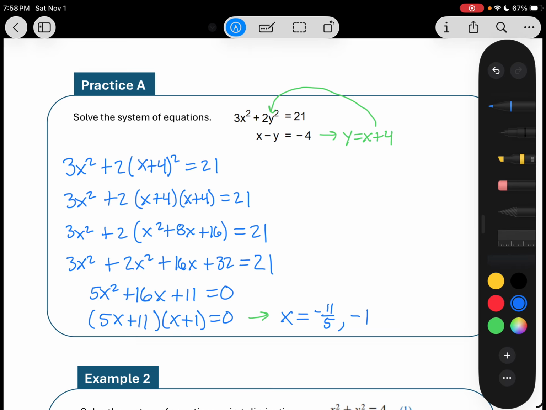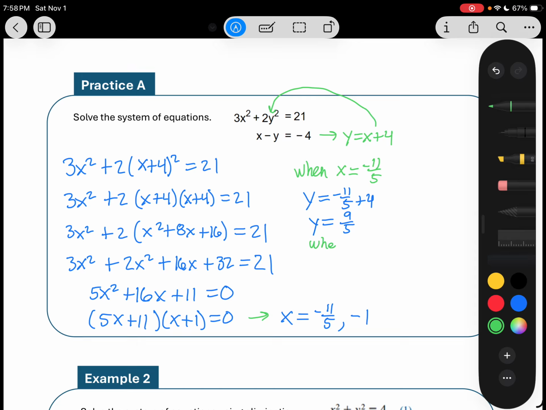So now I can replace those in the x on my equation that I have solved for y. So when x is equal to negative 11/5, we get that y is equal to 9/5.